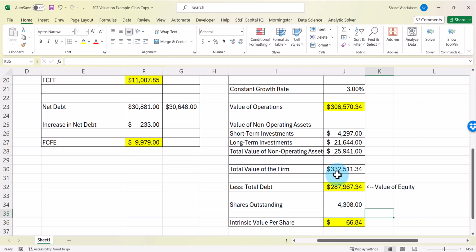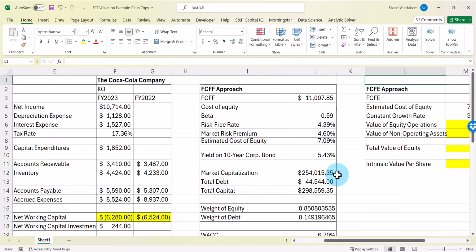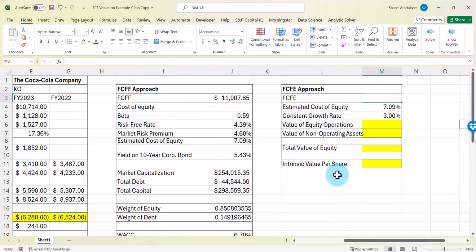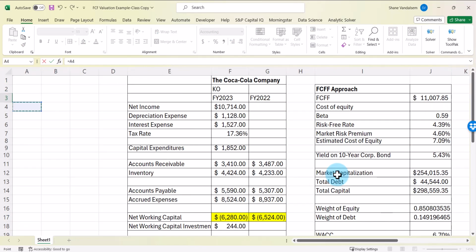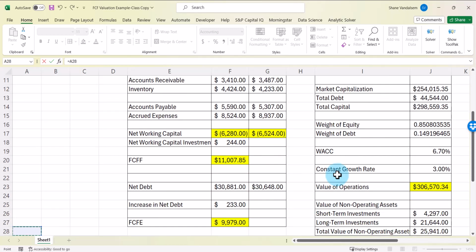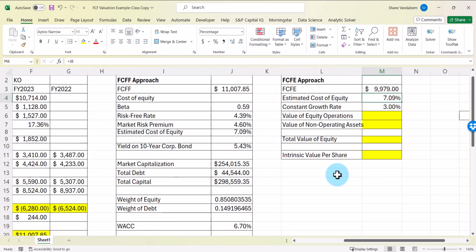Going over now and using the FCFE approach, we calculated the FCFE at 9979 for the firm. So the value of equity operations would be using that same constant growth formula that we used before, the FCFE for the previous year multiplied by 1 plus the constant growth rate.